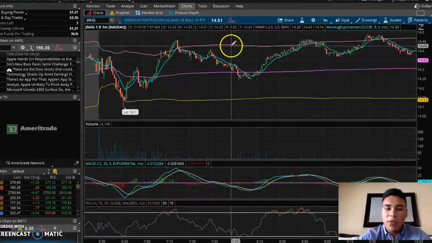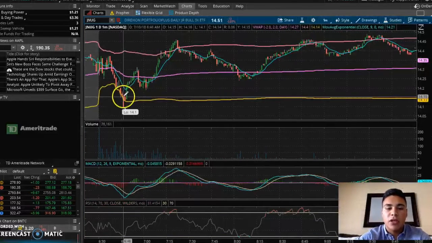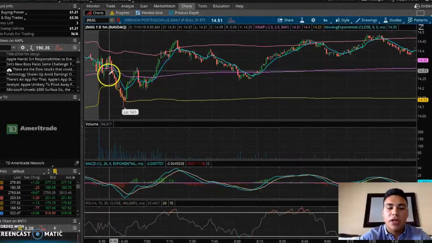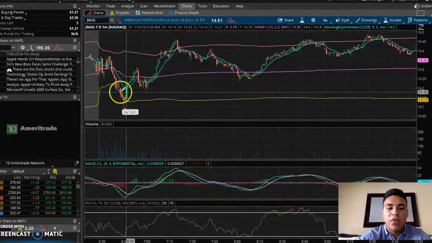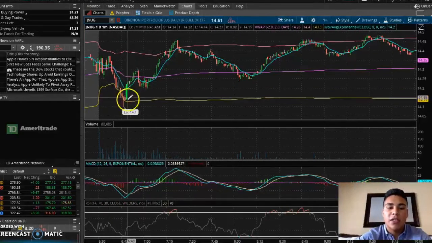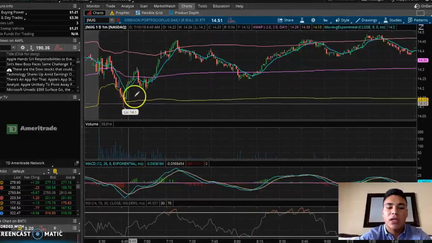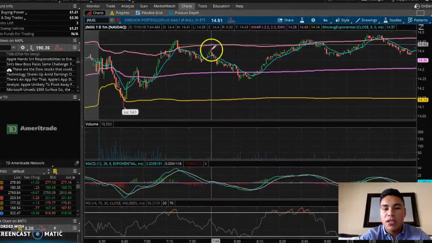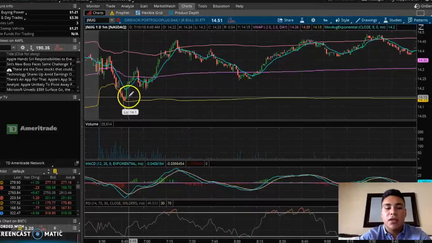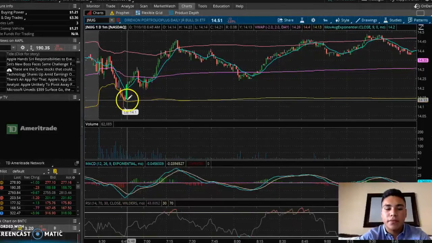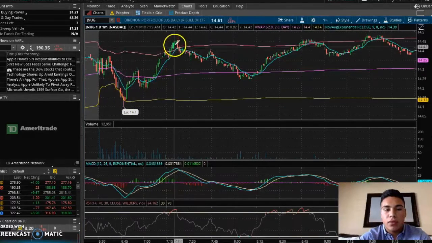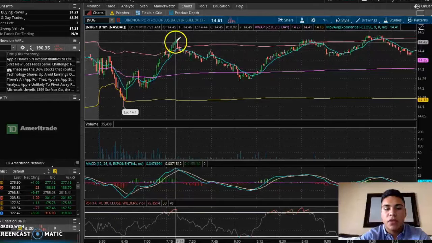So VWAP is very crucial for determining what type of entry points you want, and to give you an idea of where to get in and where to get out. Ideally, you want to get in around the yellow VWAP, because this study is telling us that if you get in here, then you have the highest potential of making a profit.